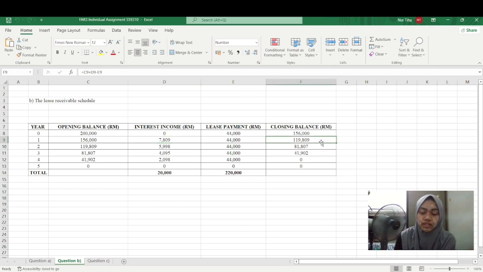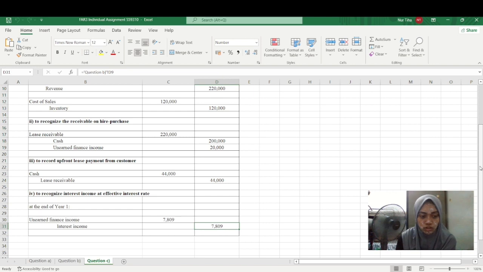And the same way, we bring the closing balance forward to the opening balance of the next year. So this is the total of interest income, and this is the total of lease payment.